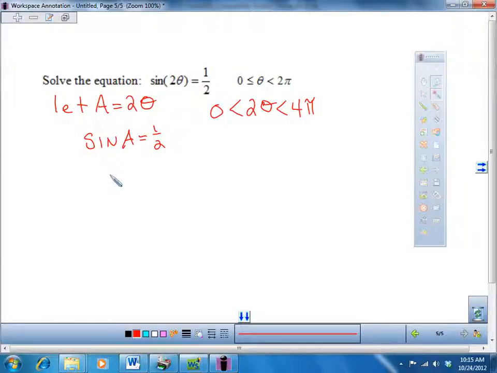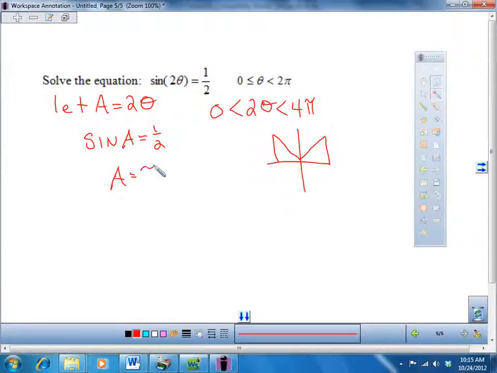But where is sine equal to 1/2? It's positive in quadrant 1, and it's positive in quadrant 2, not quadrant 4. Positive 1/2.